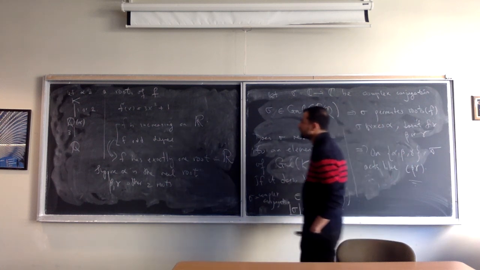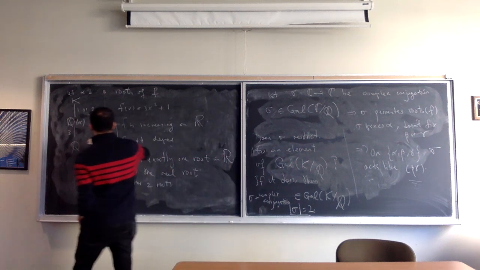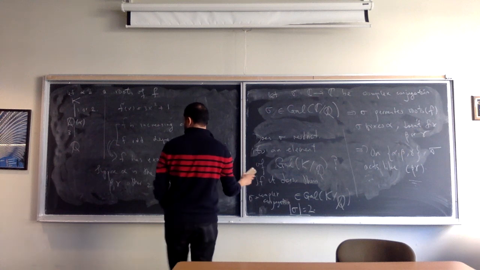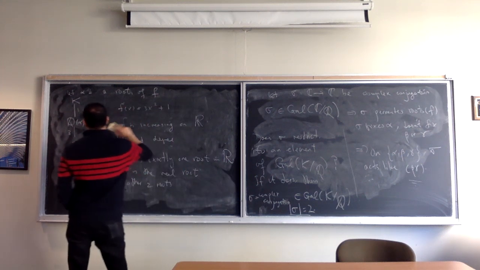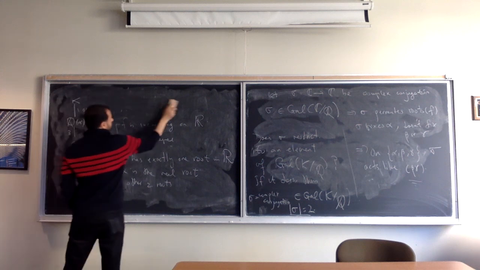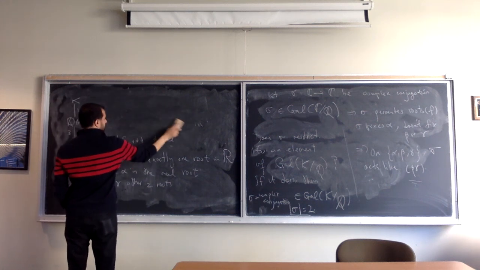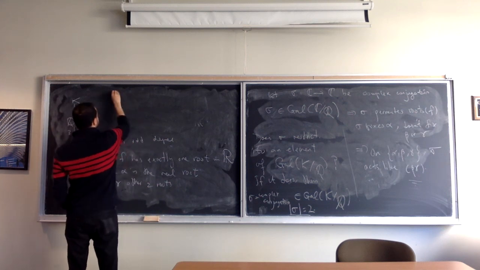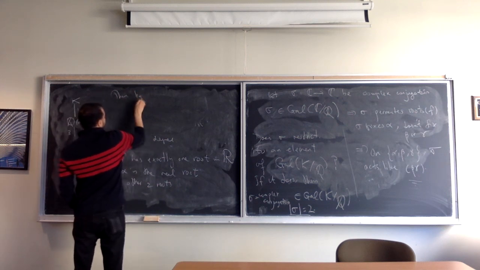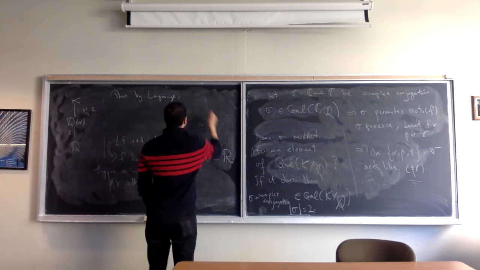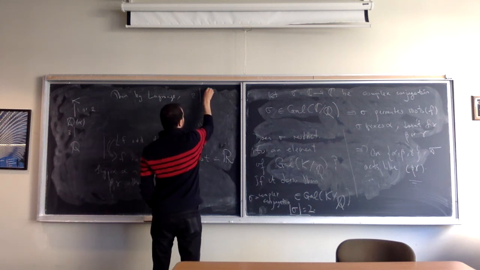So by Lagrange, 2 divides the order of the Galois group.